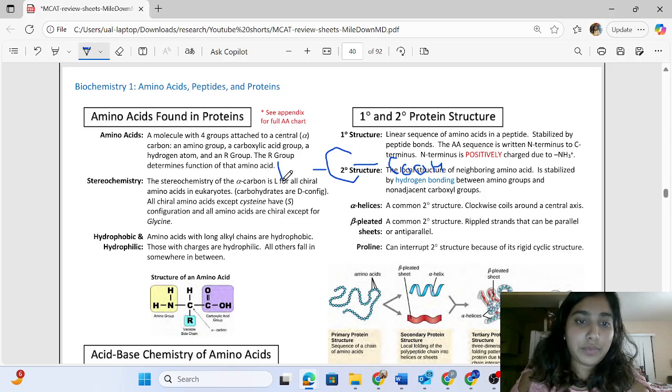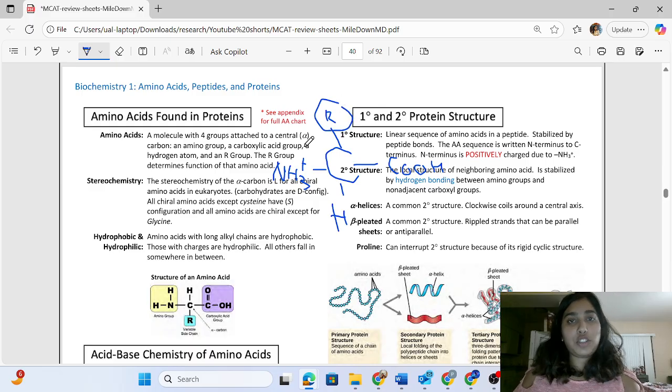One will be the amine side of it, which is NH3 plus. I'm just gonna make it protonated, and then one side will be H. So these are the constant three parts of an amino acid, and the fourth one is the R chain. Basically, this is the part which makes all the 20 amino acids different from each other.